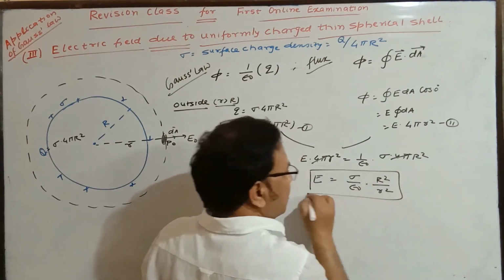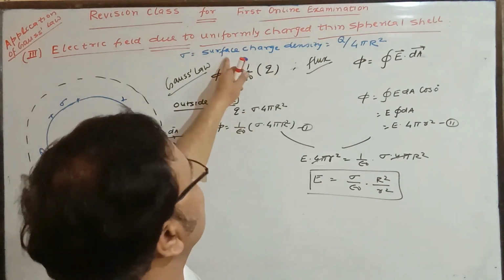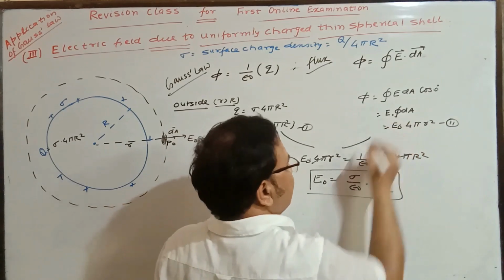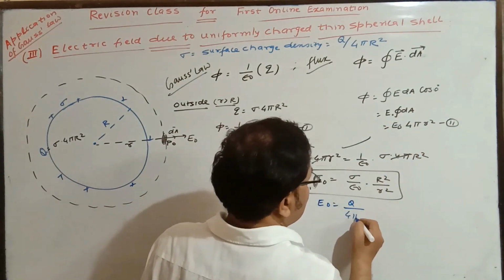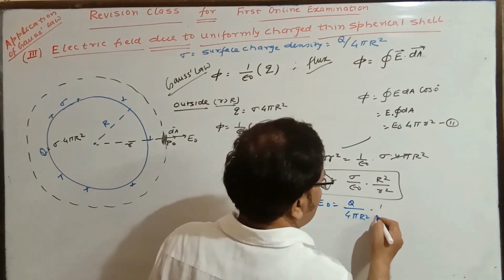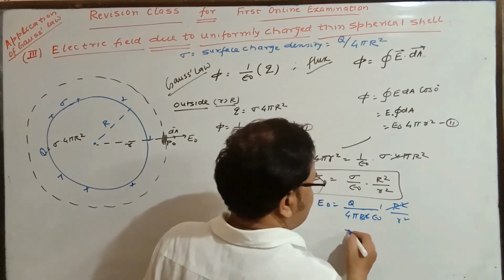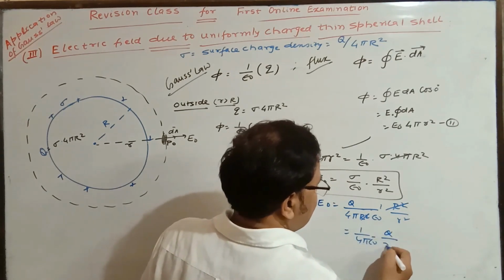If you put the value of sigma from here, then you can get the same formula for the electric field outside in a different way. E naught is equal to sigma, which is Q divided by 4 pi capital R square, into epsilon naught, into capital R square by small r square. These R squares cancel out. So this gives 1 by 4 pi epsilon naught Q divided by r square.